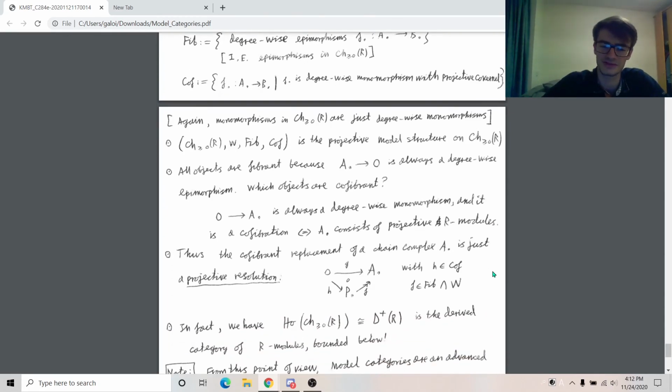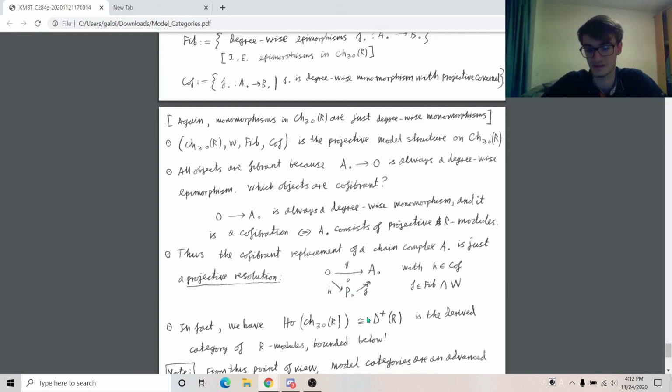And cofibrant replacement of a chain complex A, remember, is just a factorization of the unique map from zero to the chain complex, as follows, where H is a cofibration and F is a fibration and an equivalence. Then P is fibrant and cofibrant, so it's projective.